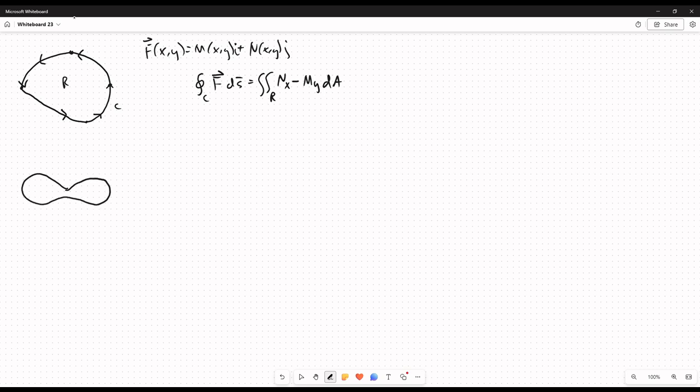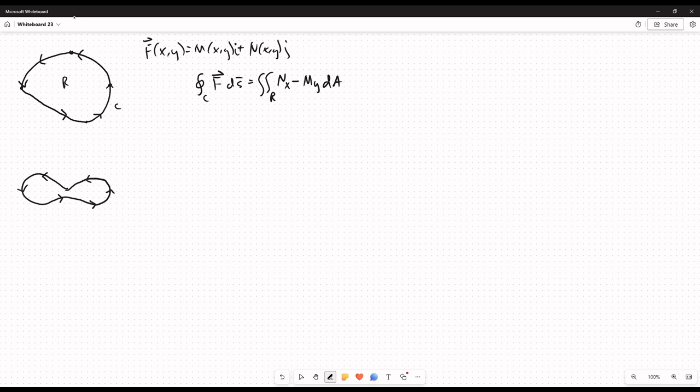I can still break it up into two curves. Let's orient it just so we're all good there. I can still break it up into two curves that are functions of x, but I run into problems if I try to write curves that are functions of y, because you'll notice that it fails this horizontal line test.